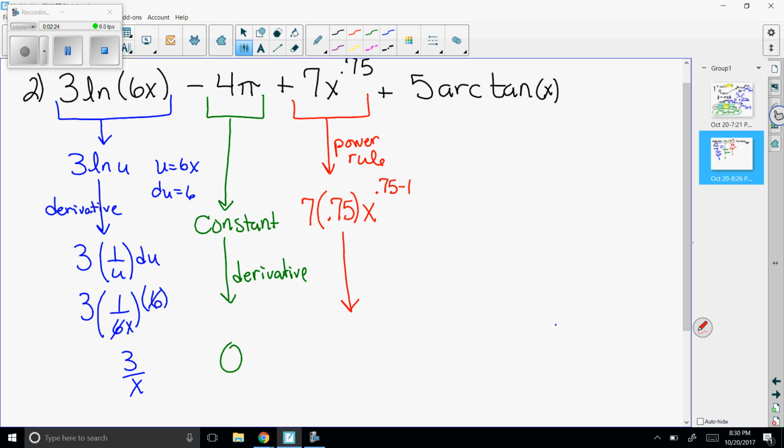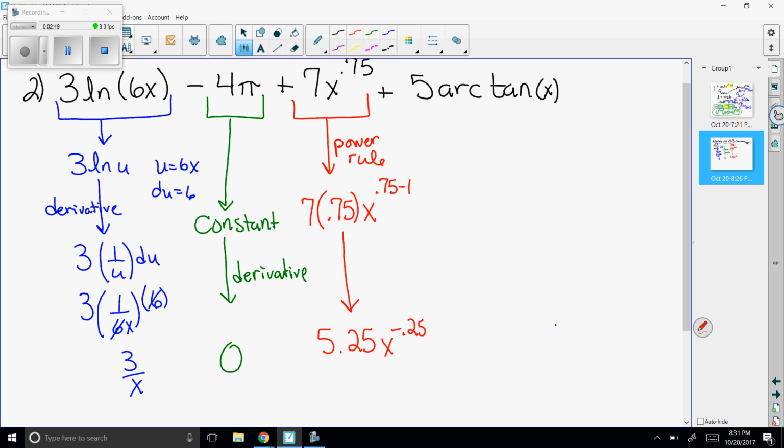You could leave it as 7 times 0.75, which is what you had. If you multiply that, you get 5.25, and then if you subtract that exponent, you get minus 0.25, or minus a fourth, or minus 25 hundredths. I probably would have done it as a fraction, but anyway, that's what you end up with.